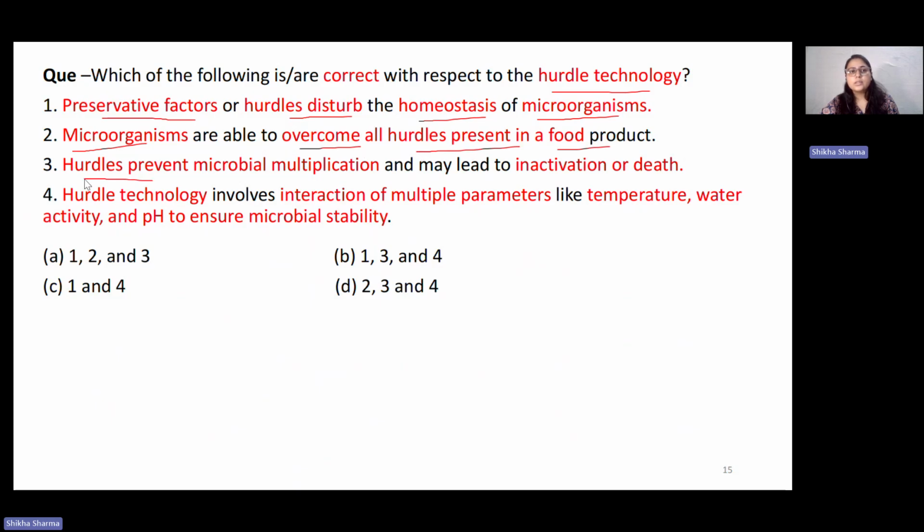Third, hurdles prevent microbial multiplication and may lead to inactivation or death. Fourth, hurdle technology involves interaction of multiple parameters like temperature, water activity, and pH to ensure microbial stability. So we need to tell which statement is correct here.